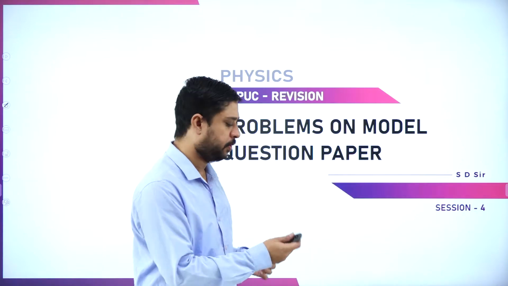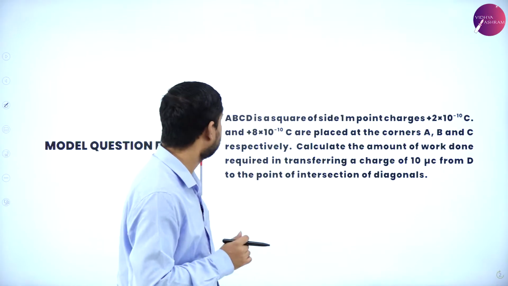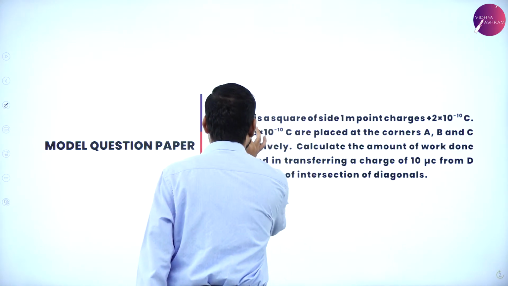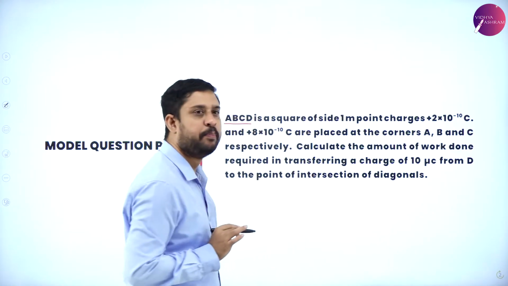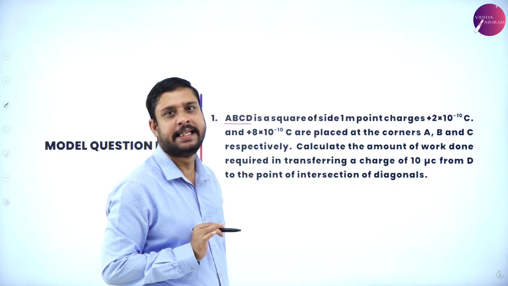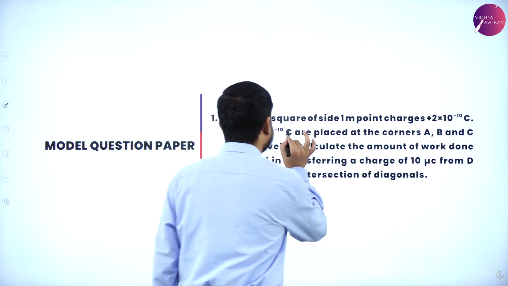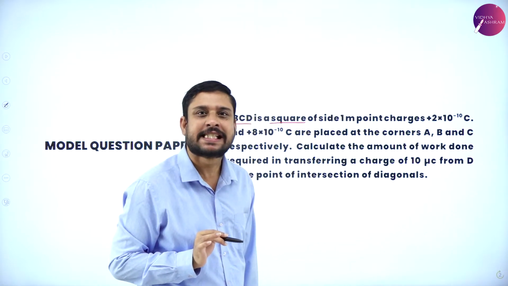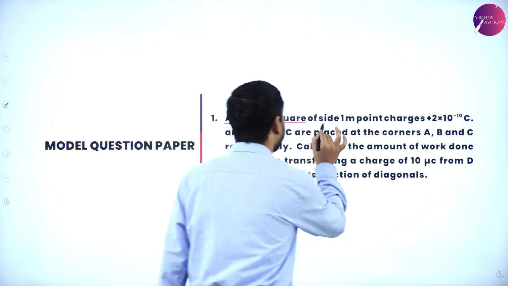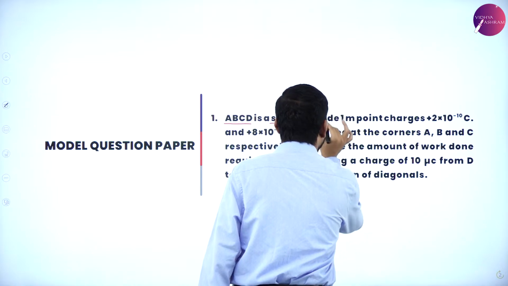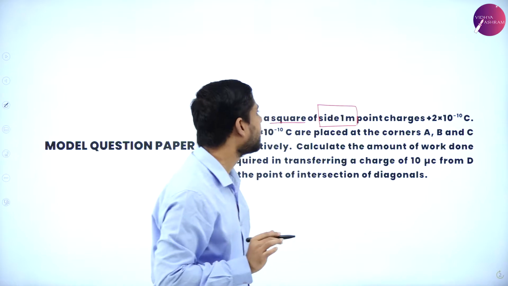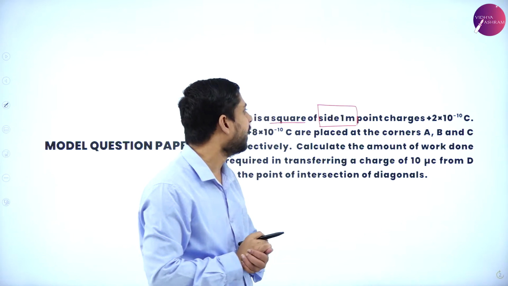The first problem, a very important one. The problem says ABCD is a square of side 1 meter. Very important. It is a square of side 1 meter.